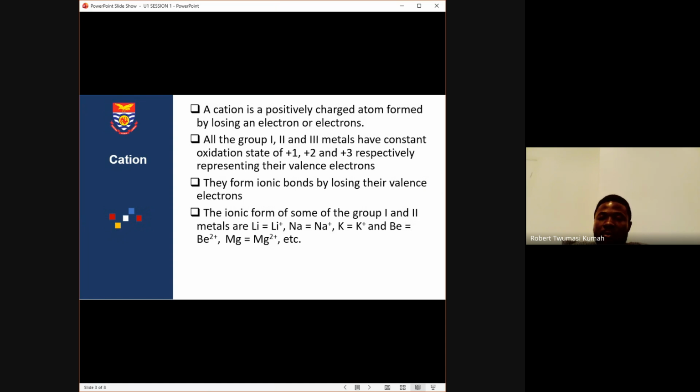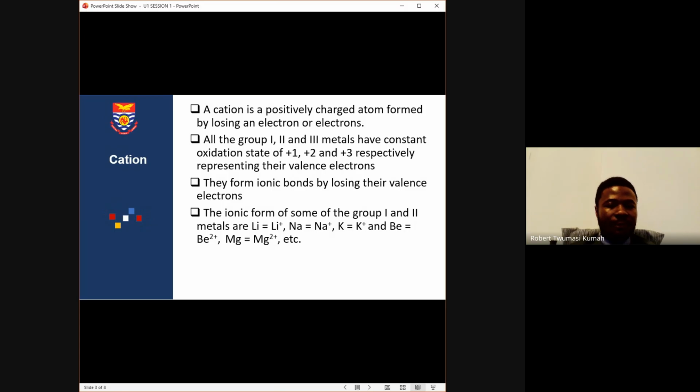If it lost 3, we put 3 there. Okay, so if it's not up to 4, the atom is going to lose those electrons, and when that happens, we have the cations. So cations are formed by losing an electron or electrons.